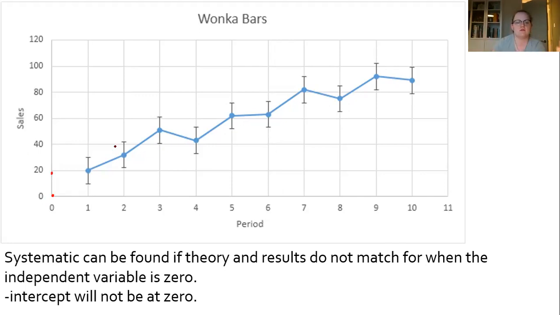If we're expecting it to start from there and go to here, but actually for some reason we're starting at 20 and going up from there, we know straight away that there's a systematic error, because that should have started at 0. If our measurements are not starting at 0 and we are expecting them to, we know straight away that there's been a systematic error.